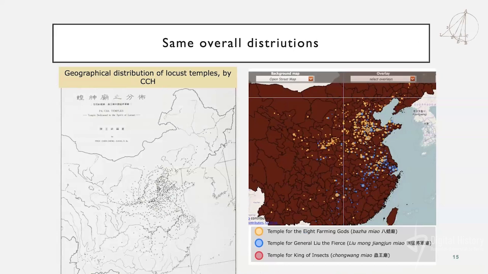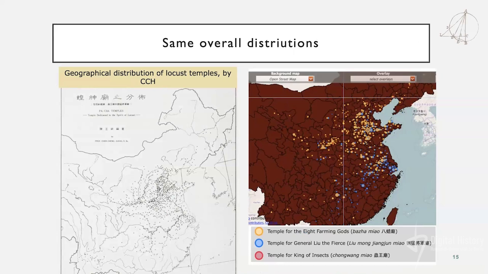Okay, and when we put the two maps side by side, we can also see that Chen Zhengxiang was using 3,000 gazetteers, and on the right we are using 4,000 gazetteers. He didn't tell us which 3,000 titles he was using, but we now have the exact titles for the 4,000.